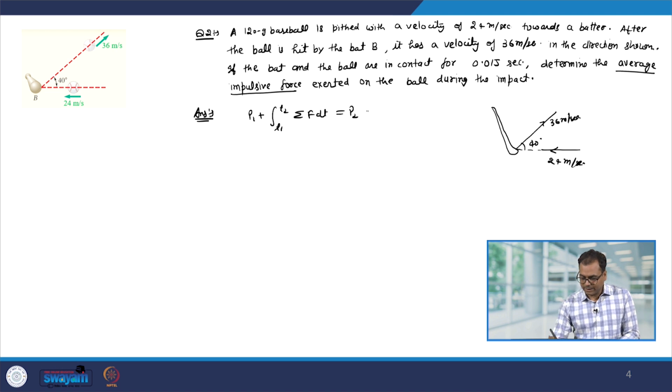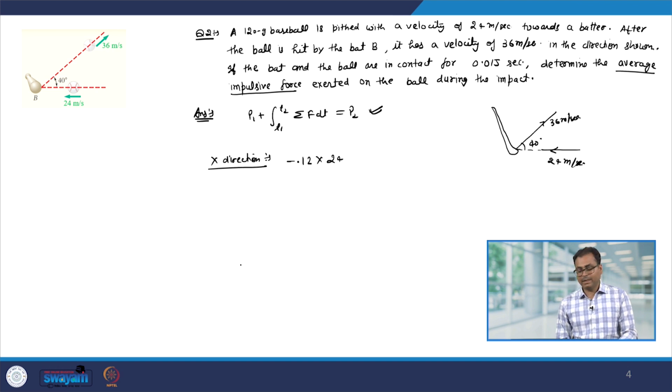So, we can write down this equation in the x and in the y direction. Let us look at the x direction first. In the x direction, the initial momentum P1 is m times v, where the mass is 0.12 because it is 120 gram, multiplied by the velocity, and it will be minus because the ball is travelling in minus x direction, plus summation F dt.